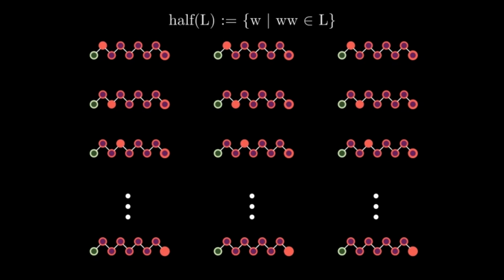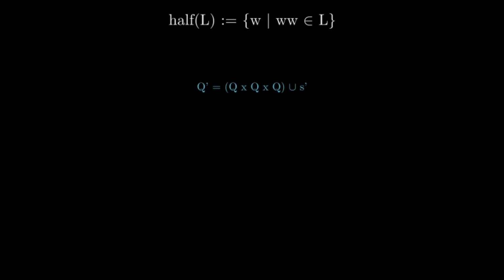Now, if the simulation from the original starting state ends at the guess state, then we have correctly guessed the halfway state. And if the simulation from the halfway state ends at an accepting state, then the input is accepted by half-L. We will need to keep track of the current states at once and the guessed halfway state.